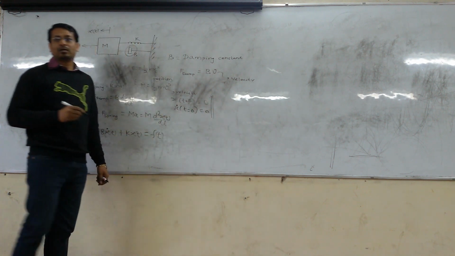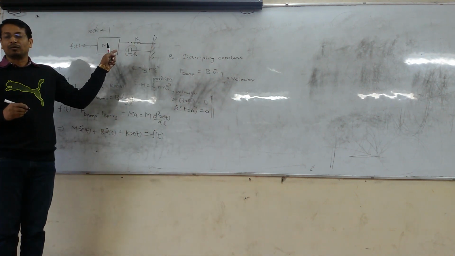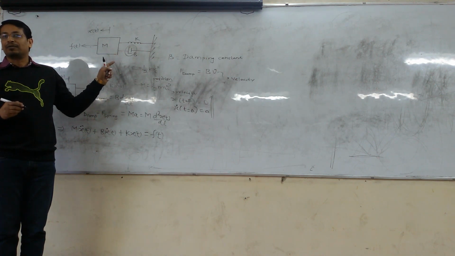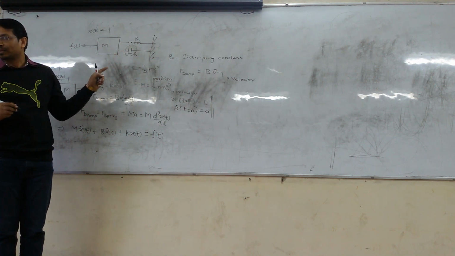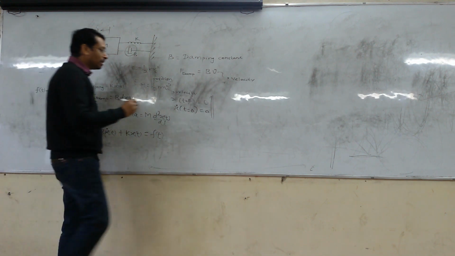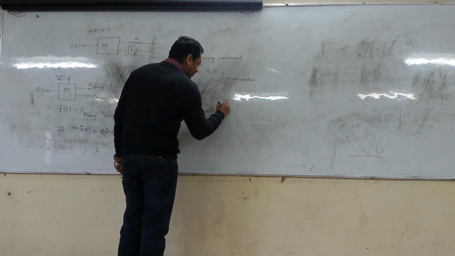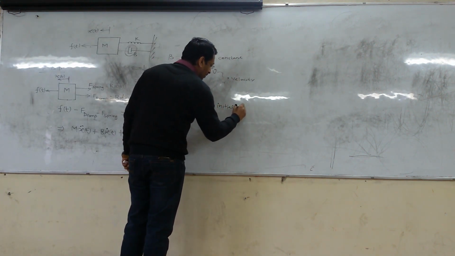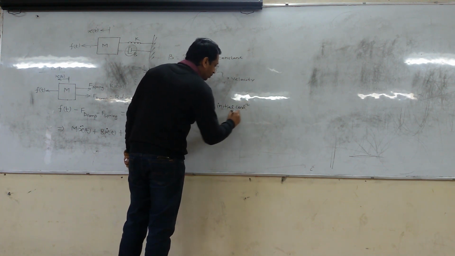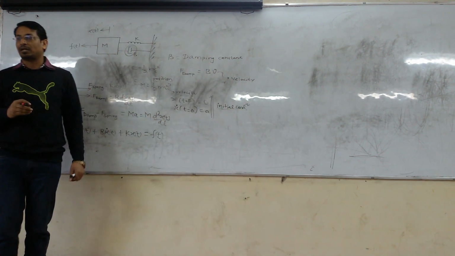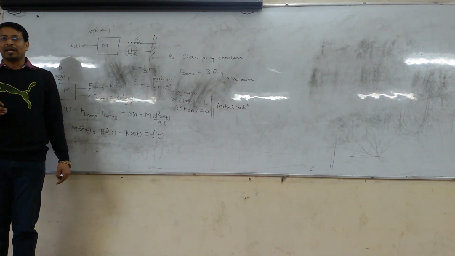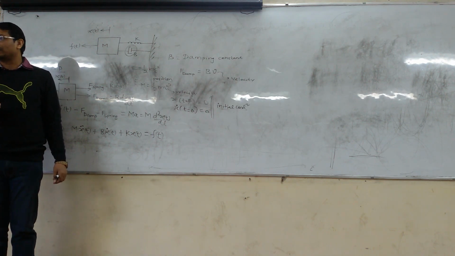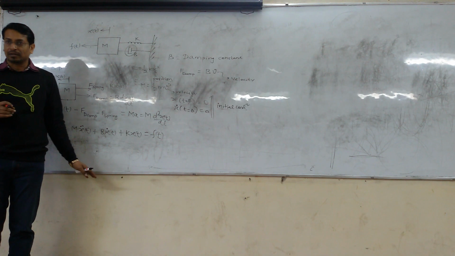If this is satisfied, we will say that our system is at rest, or relaxed. So this is your initial condition: there should not be any velocity associated with the mass, and there should not be any elongation or compression associated with the spring.